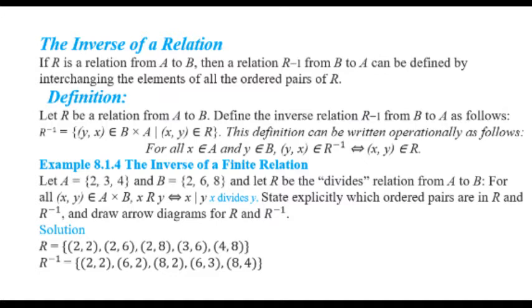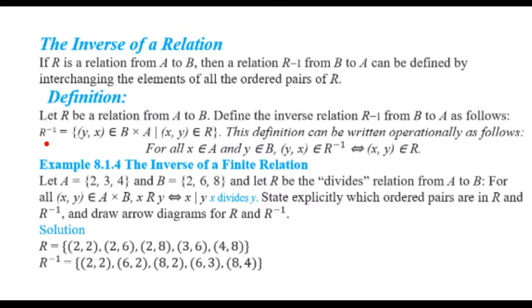We say if R is a relation from A to B, then we define the inverse of relation R from B to A as follows. So basically B, which was the codomain of R, becomes the domain of R inverse, and A, which was the domain of R, becomes the codomain of R inverse.